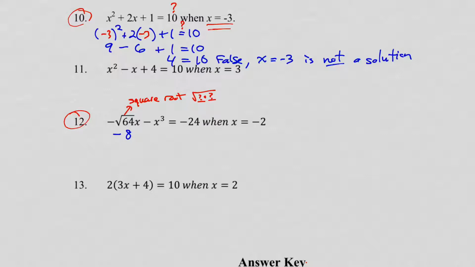And then bring down the negative. Insert our negative 2 to see if we get 24. And so we have positive 16 right here. And then we have minus negative 2 to the third power, which is negative 8. And that's going to be plus, plus now, which gives us positive 24.